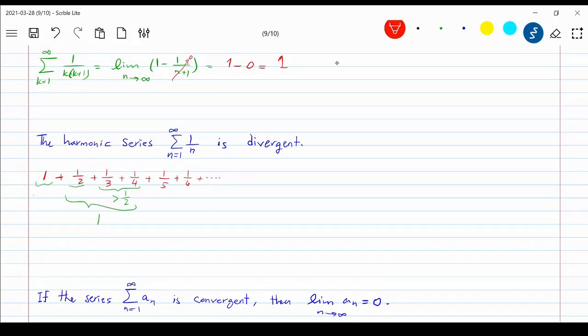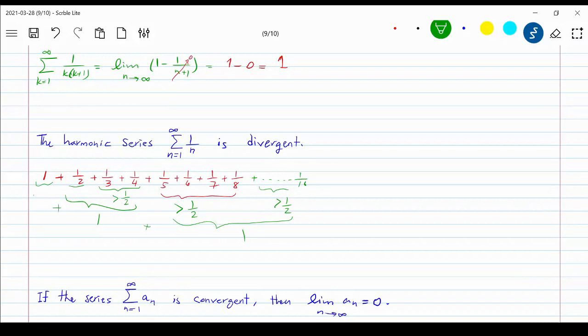If you write 1/5, 1/6, 1/7 plus 1/8, this summation would be again greater than 1 half. So this at least would be 1 plus 1 plus 1 half. If I continue this, the next terms up to 1 over 16 would be greater than 1 half, and the sum would be at least 3.